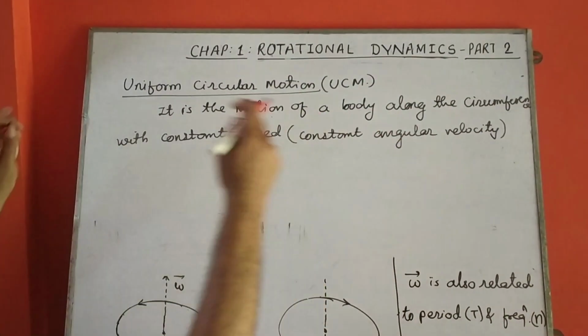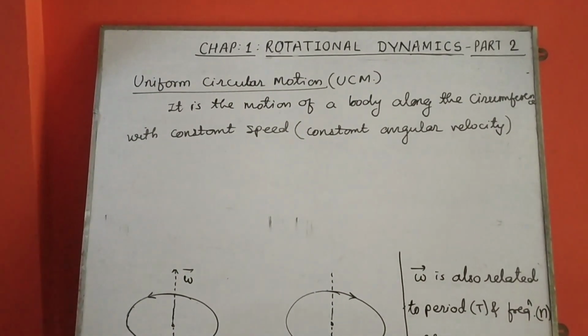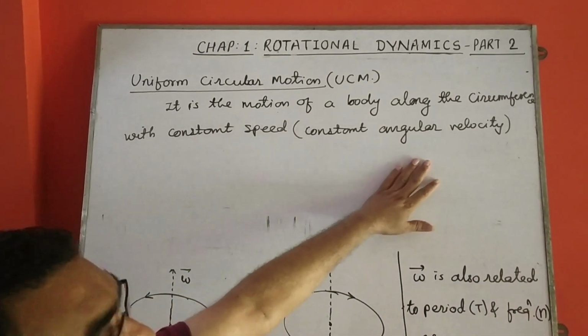Here the direction of ω and the magnitude of ω are fixed, so it is constant angular velocity.